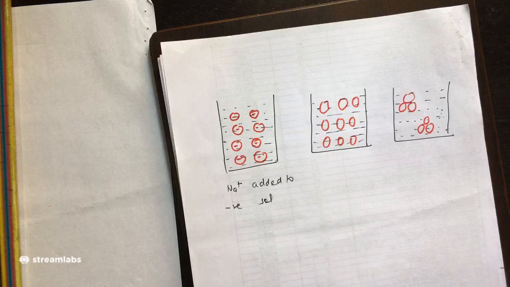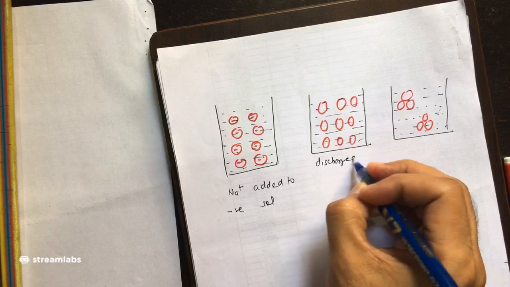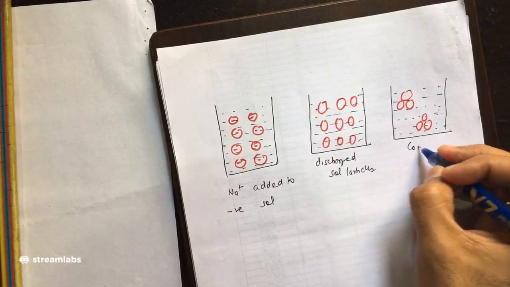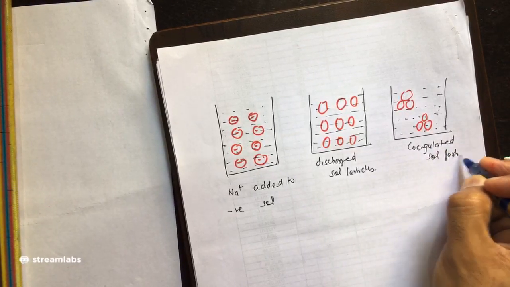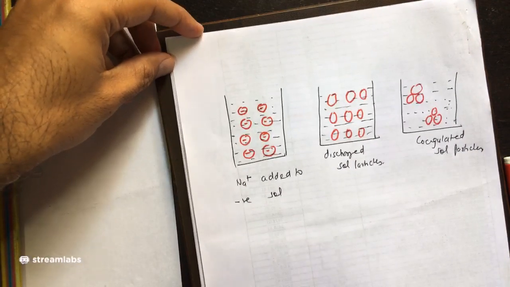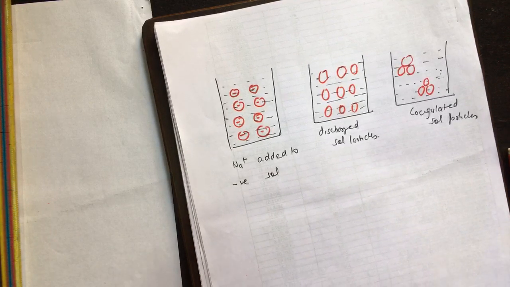So this is called discharged sol particles, and this is called coagulated sol particles. So what we have observed is that a negative ion causes precipitation of a positively charged sol and vice versa. And this has been given in terms of a rule called the Hardy and Schulze rule.